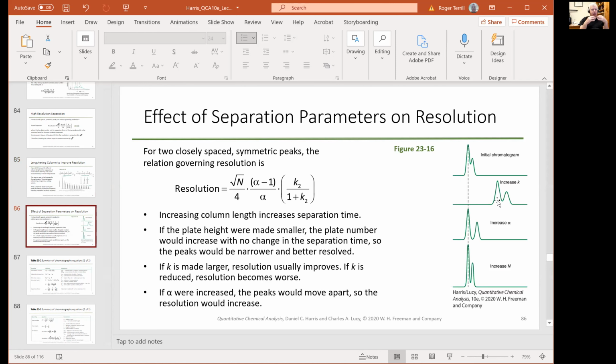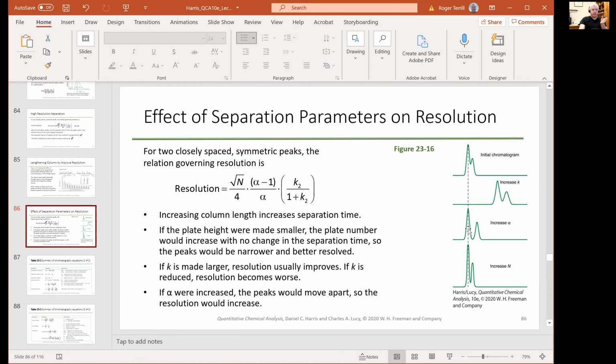They just increased the retention time, and that resulted in resolution eventually. A better way to do it is to somehow increase alpha. By increasing alpha, you change the retention of one peak relative to the other.